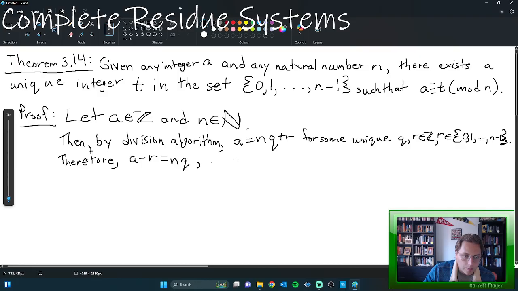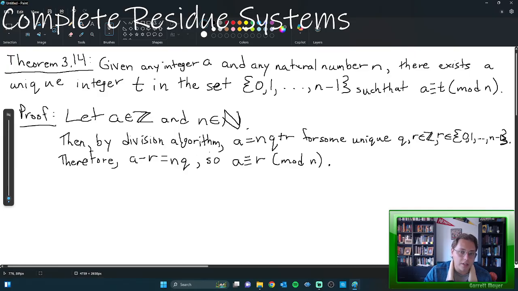So, by the definition of congruence modulo n, A is congruent to r mod n. And then note here also, r is the only integer in this set where this equation is satisfied.